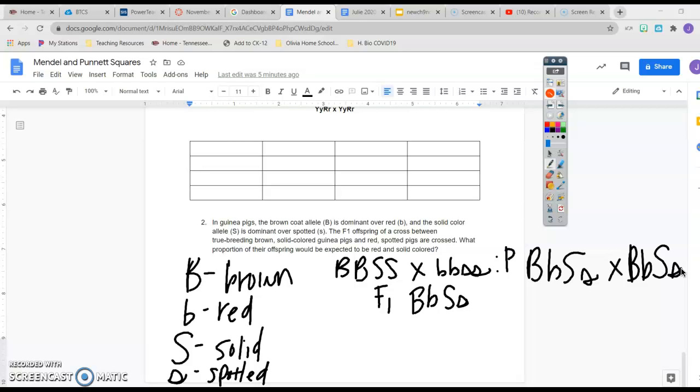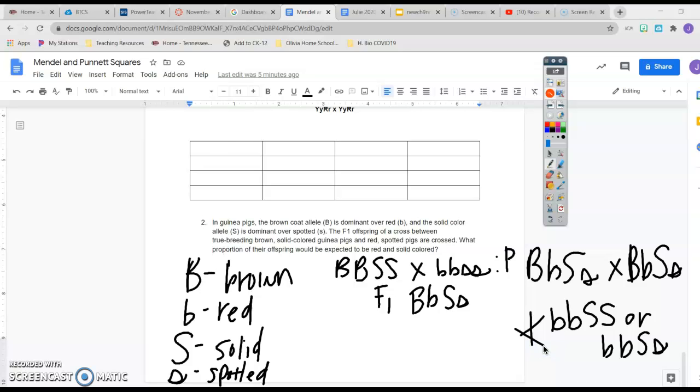What we're going to be looking for is the combination of red, which would be little b, little b, and solid, which is going to be either big S, big S, or big S, little s. I didn't leave myself that much room, but I can use this Punnett square up here. So this is what we're going to be looking for in our Punnett square.